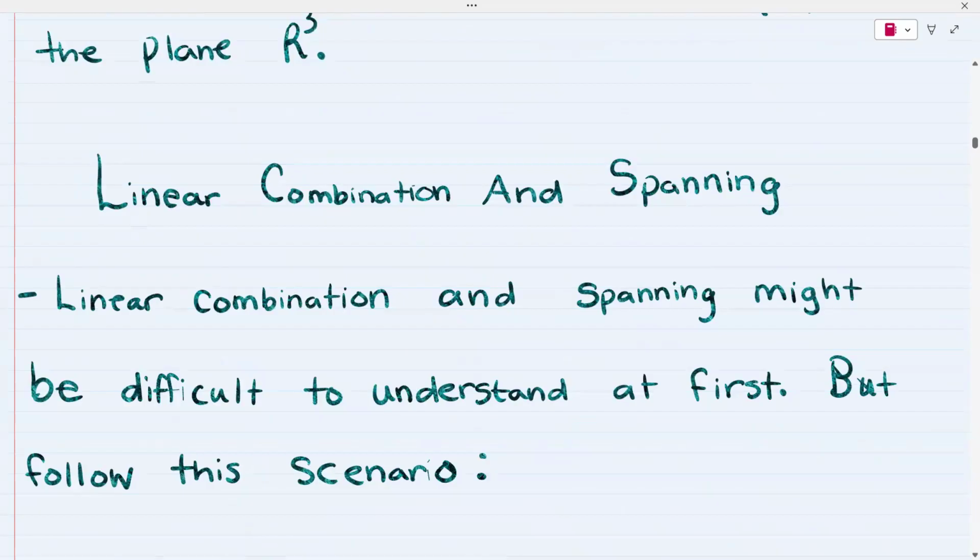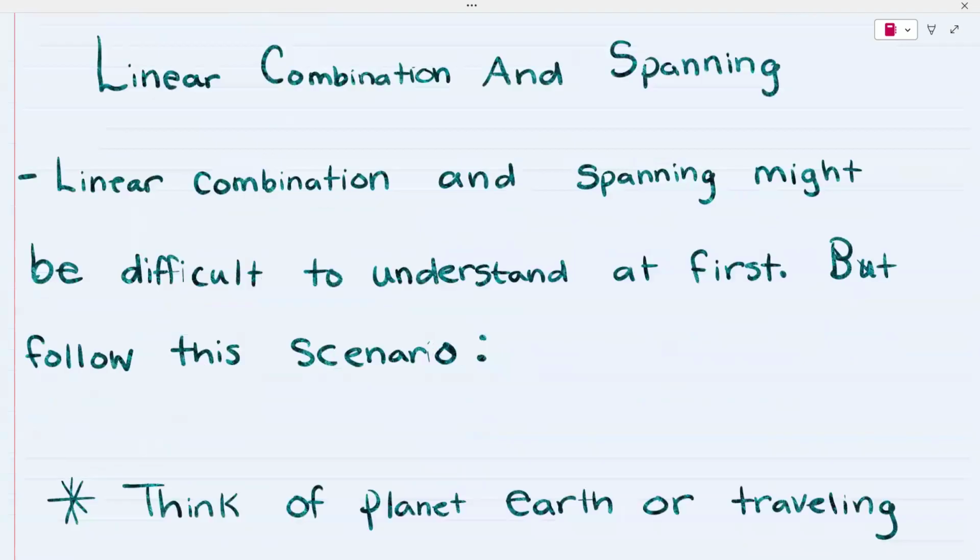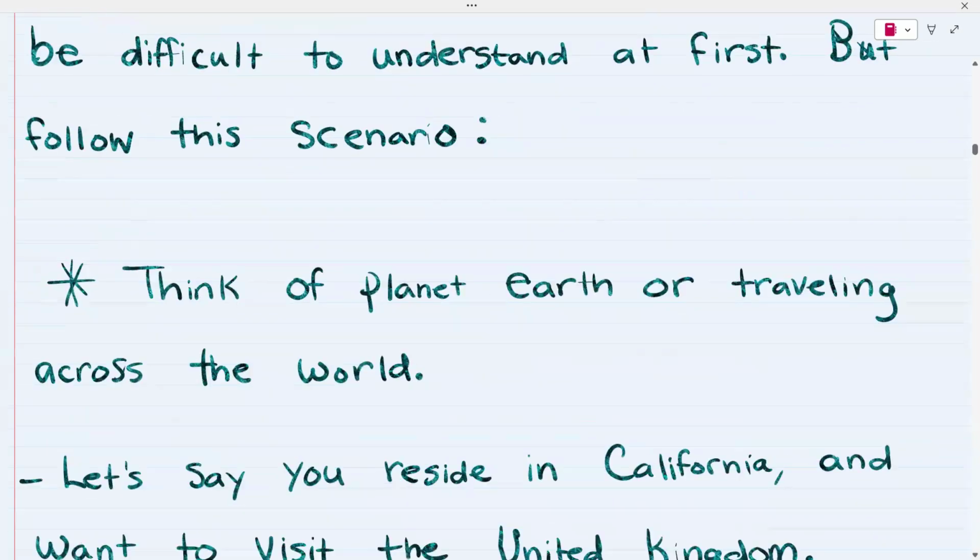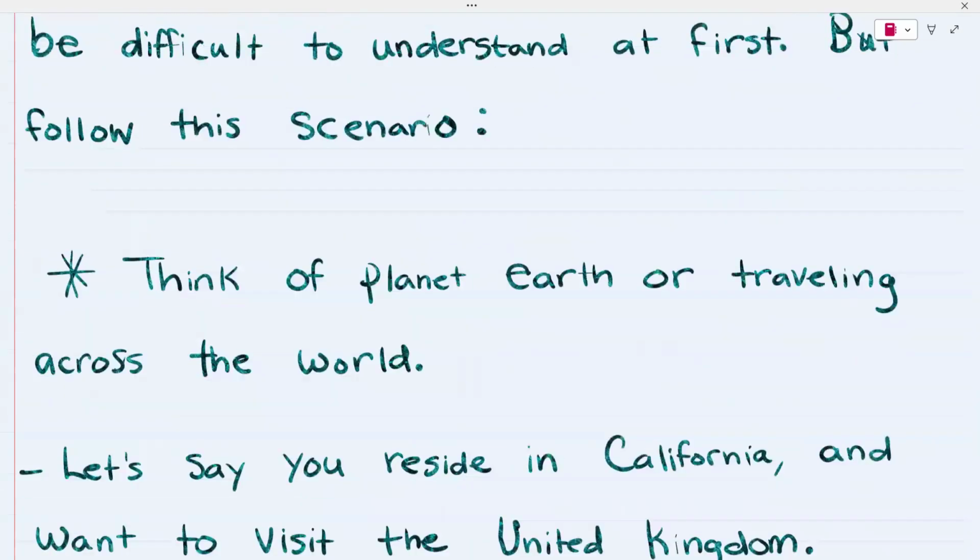Let's briefly talk about linear combination and expanding. I'll talk about it again later as the lecture goes on. Linear combination and expanding might be difficult to understand at first, but if you just follow the scenario, this will make better sense. Think of planet Earth or traveling across the world.